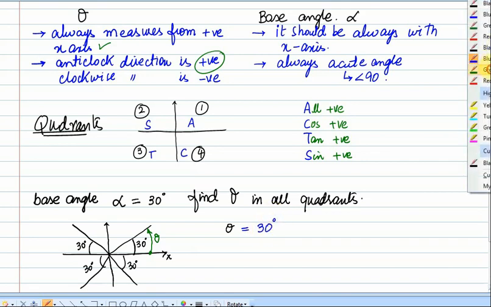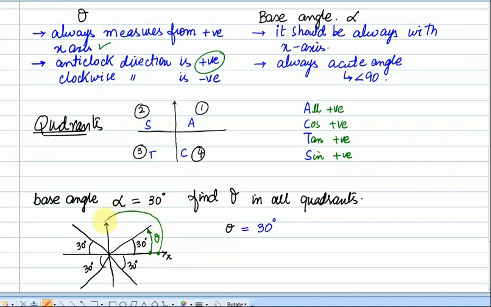For the second quadrant I will start from the same positive x-axis. For the second quadrant the required angle theta is this one. That is what I need to find out, that is theta for the second quadrant. So what should this angle be? Let's suppose you start from this point and cover an angle till this point, that means you had covered 180 degrees, right?